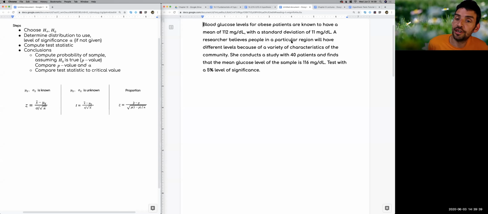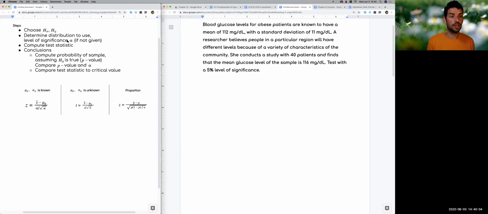So maybe there's a community that has a significantly different relationship with diet, maybe air quality, maybe there's a combination of things that she believes will change these glucose levels, right? And so she conducts the study with 40 patients and finds that the mean glucose level is 116 milligrams per deciliter, and we're going to test with a 5% level of significance.